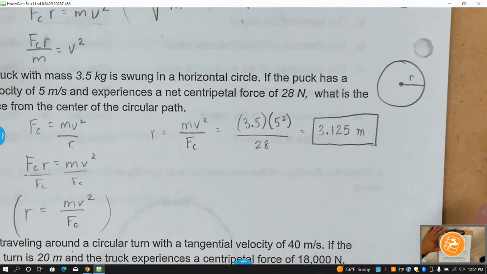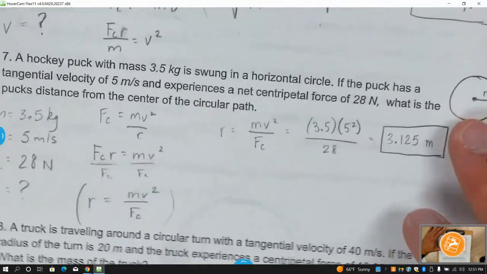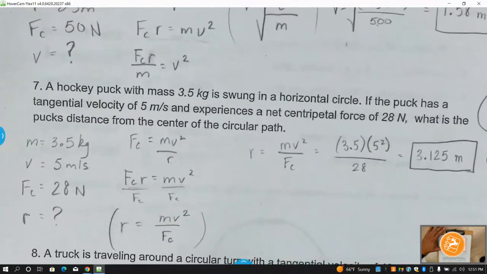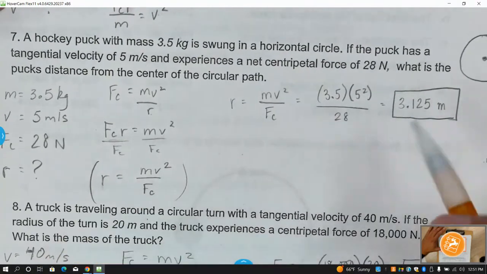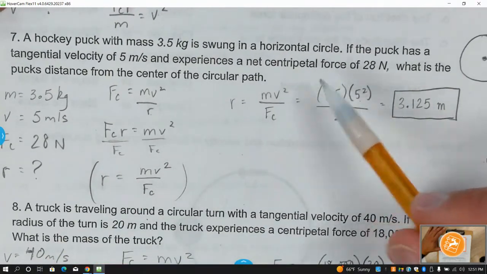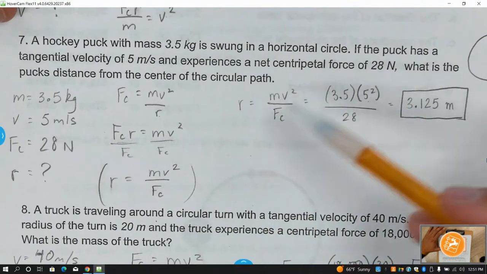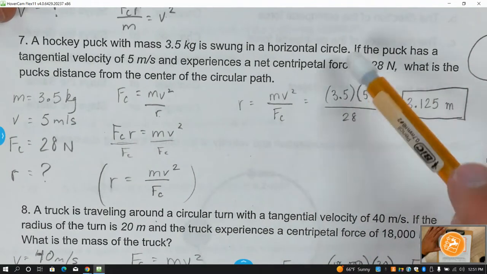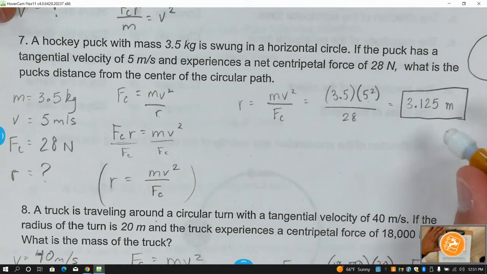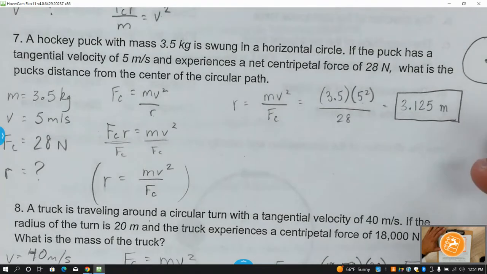So that is why we rearrange the equation to get r is equal to m v squared divided by the centripetal force. Taking our pieces of information, plugging them in the right positions, 5 squared, 25, times 3.5 equals, and then divide by 28. You should get 3.125, or if you round up, 3.13. And the unit for that will be meters.